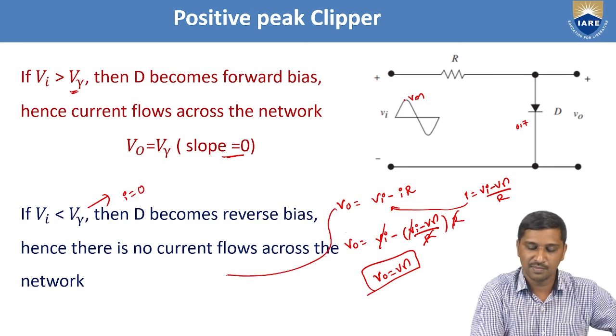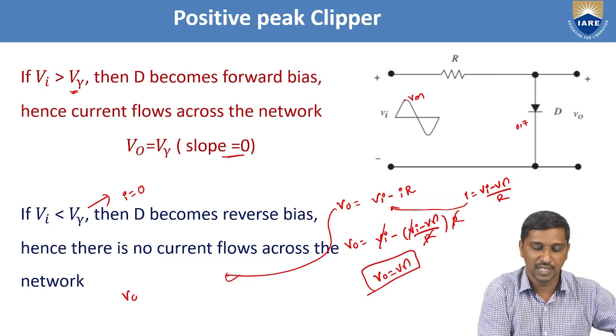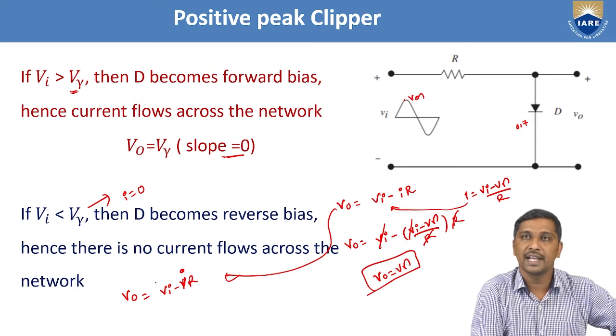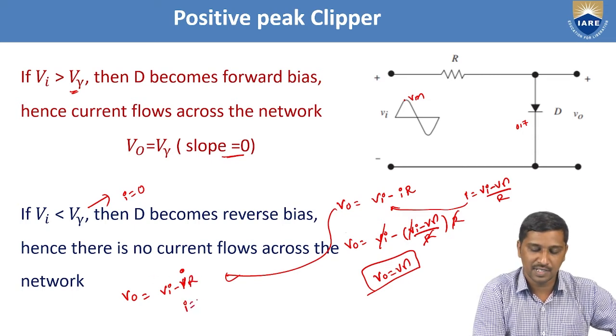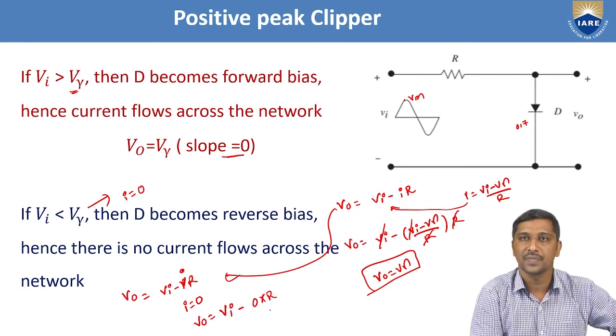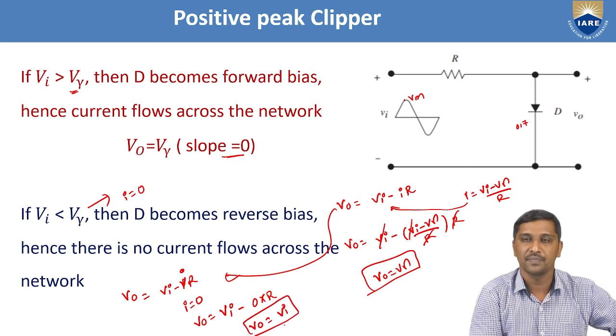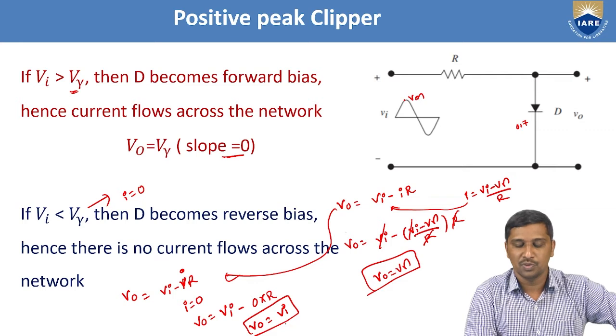Hence, from this mathematical relation, what is the output relation? V naught is equal to Vi minus I into R. During the negative off cycle, the current is 0. Hence, V naught is equal to Vi minus 0 into R. So V naught is directly proportional to Vi.